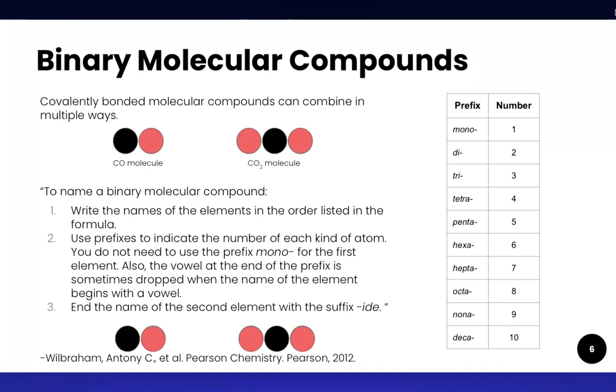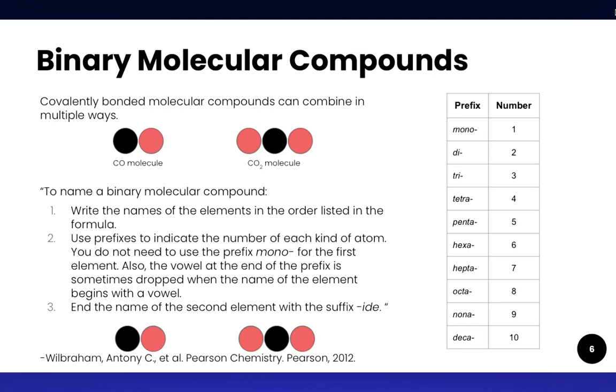Now, binary molecular compounds have a different naming system entirely because they are covalently bonded and they can combine in multiple ways. Ionic molecules can only combine in one way because the ions have a specific charge and it needs to be neutral in the end. But carbon and oxygen, two nonmetals, can combine in multiple ways.